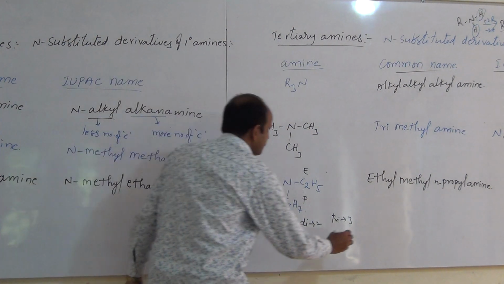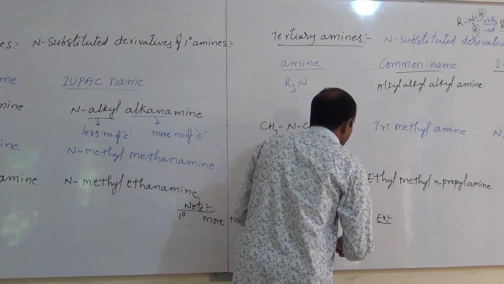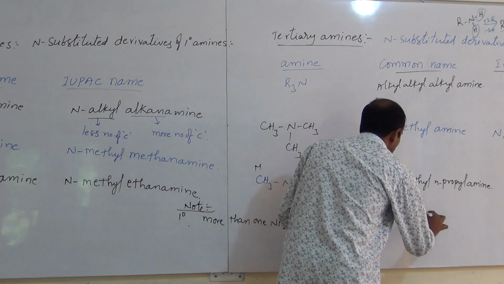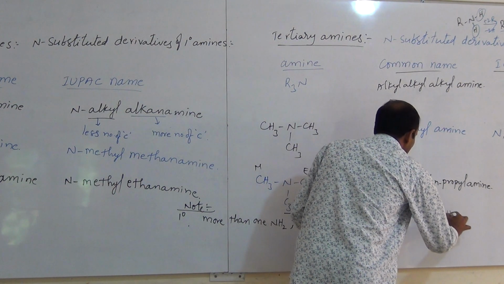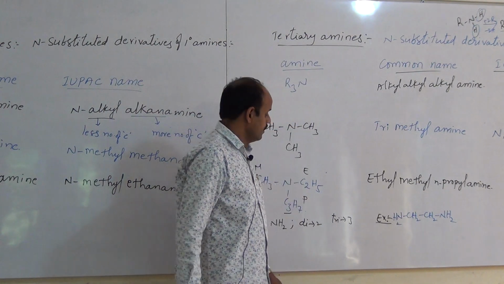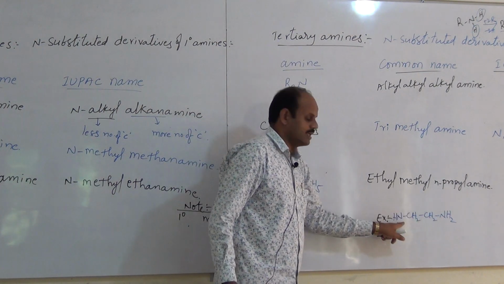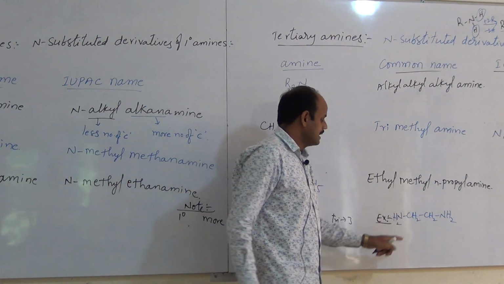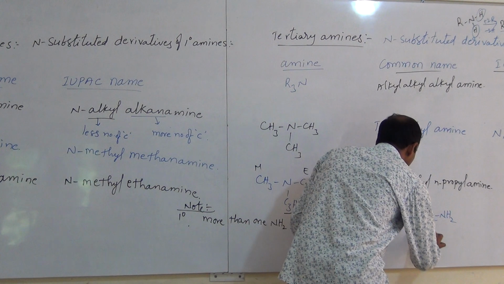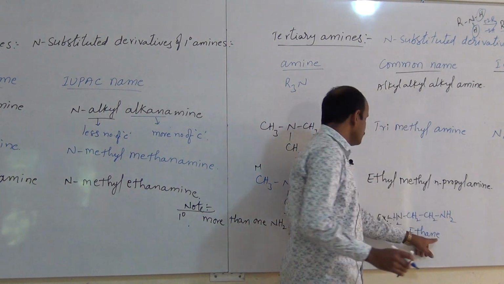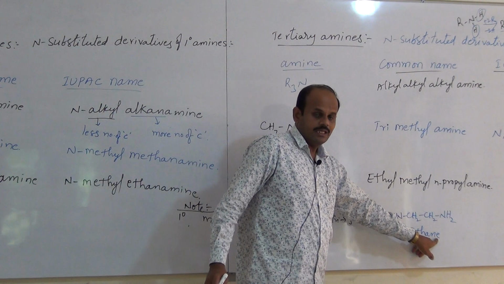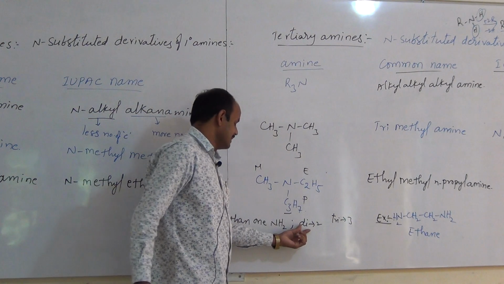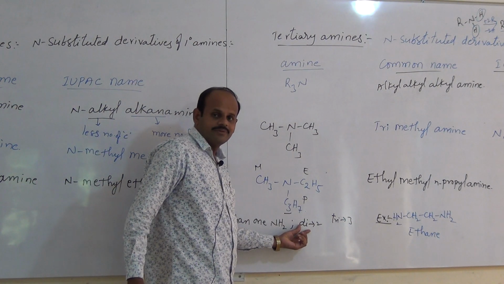For example, NH2, CH2, CH2, NH2. How many NH2 groups are there? Two. How many carbons are there? Two, and a two-carbon alkane is ethane. Normally we should remove the E, but in this case don't remove it, and write the amine groups using prefixes. Two groups, so the prefix is di.